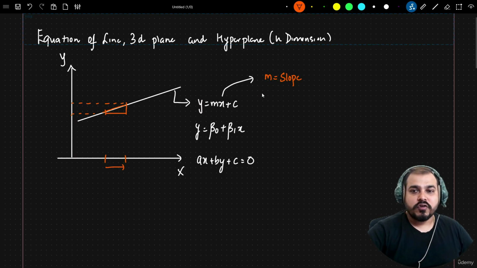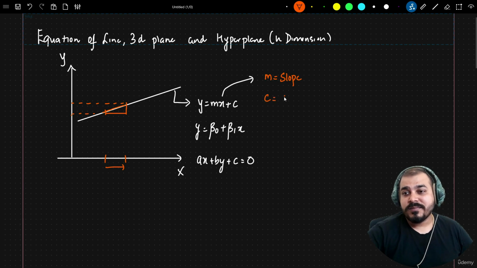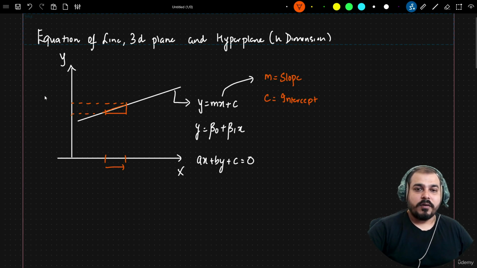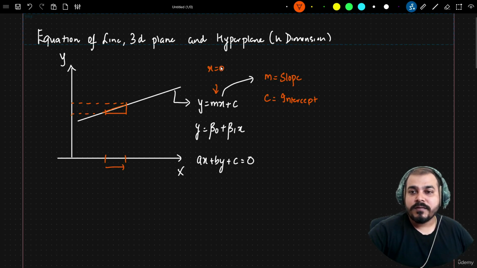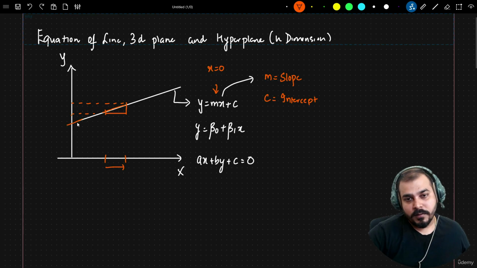Now this is with respect to slope. What about c? C is called the intercept. Let's consider that in this equation, if my x value is 0, where does this particular straight line meet the y-axis? If I draw this, it meets somewhere here, right?